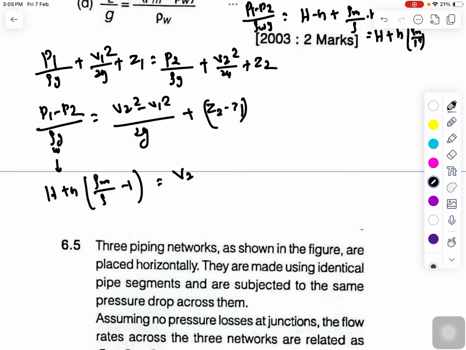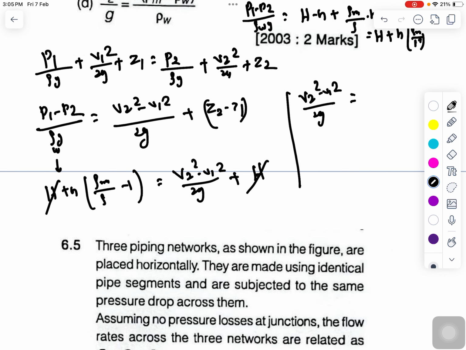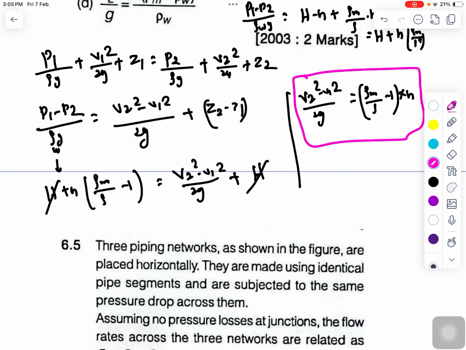Is that clear? So finally H plus h into (rho M by rho minus 1) is equal to V2 square minus V1 square divided by 2g plus Z2 minus Z1, which is H. So H will get cancelled out. Finally you will get V2 square minus V1 square divided by 2g equal to (rho M by rho minus 1) into h. That's it. So this will be your answer.